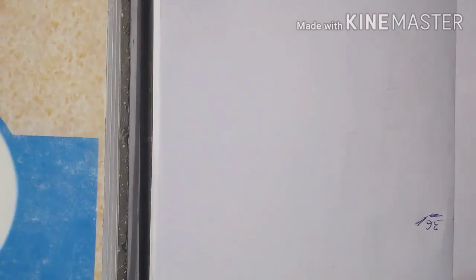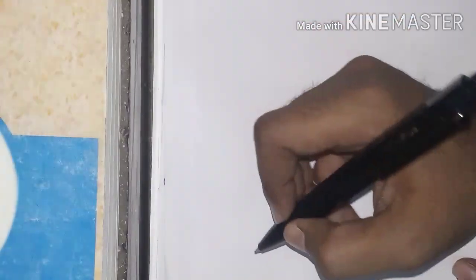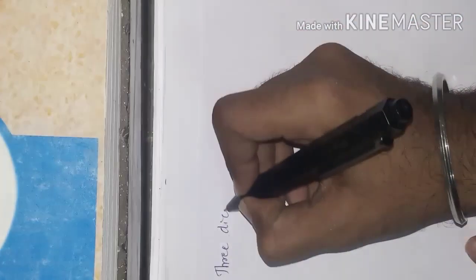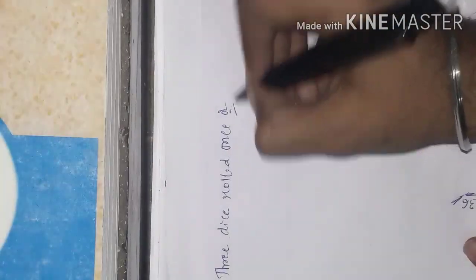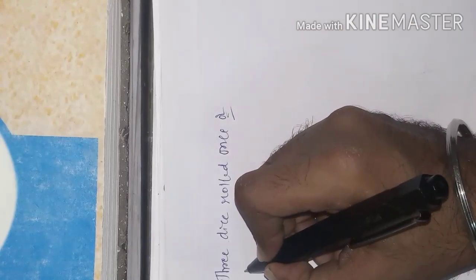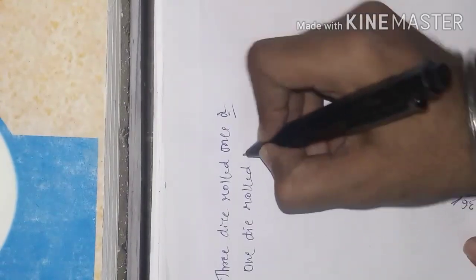Now one more concept is there: 3 dice rolled once, or else 1 die rolled thrice.